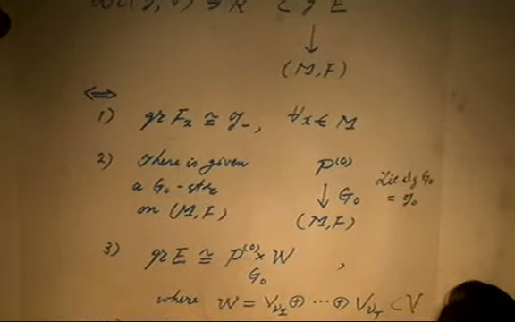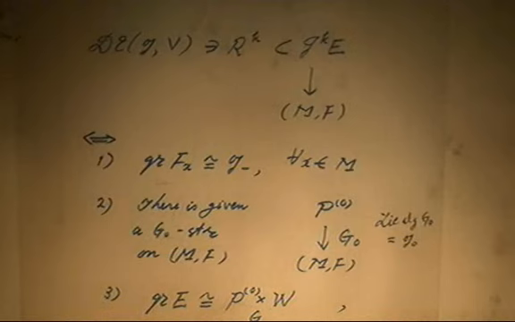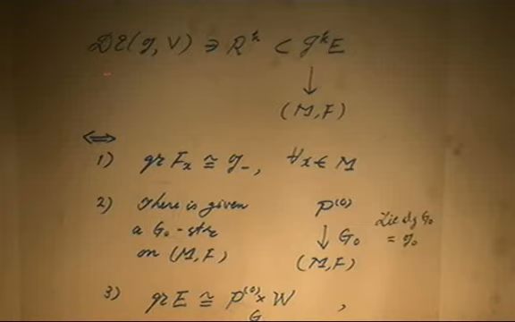So, a little more precisely, given G and V, I write the class of differential equations. The differential equation R_k, defined on a filtered manifold as a subbundle of J^k E, or a submanifold, is in the class determined by G and V if it satisfies these conditions.